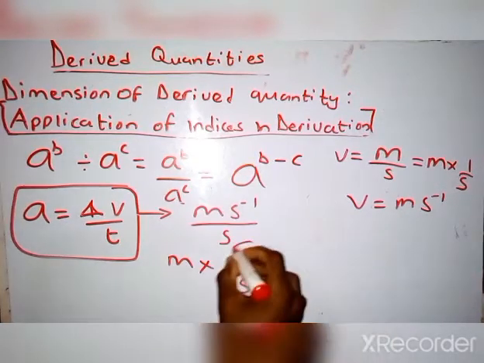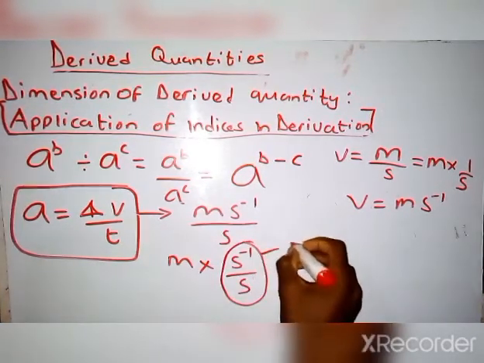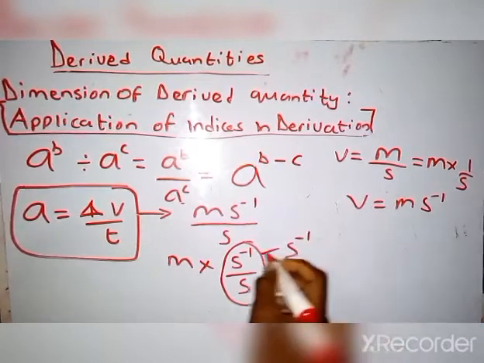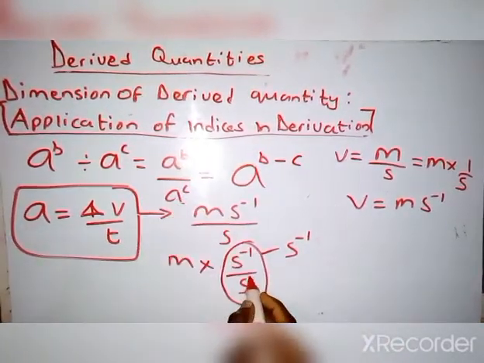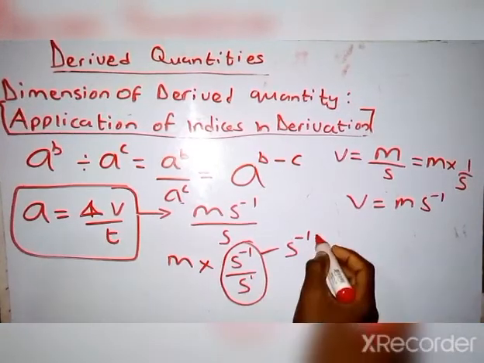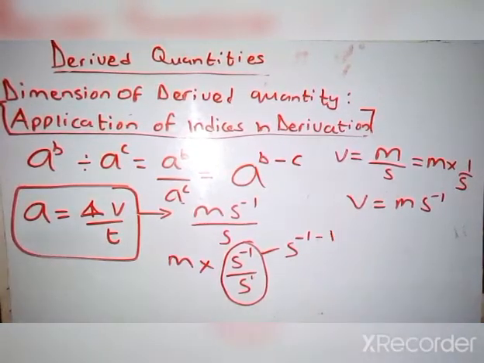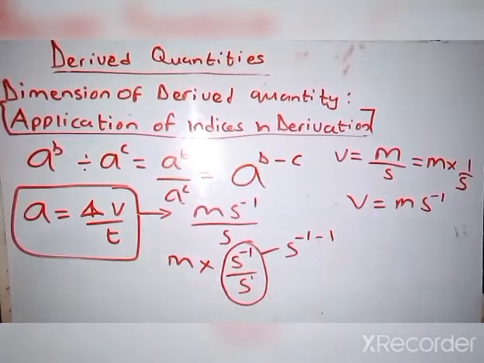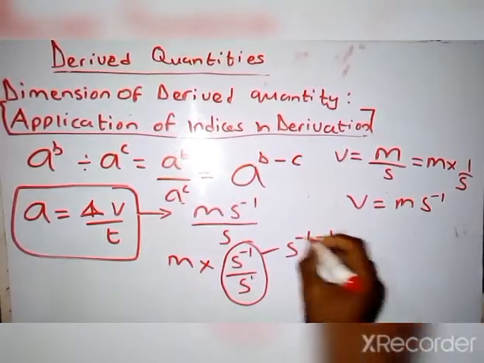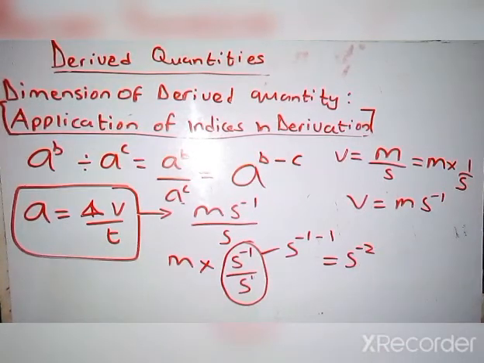We just say this, take it as 1, so minus 1, applying the law. So the numerator will subtract this. The power of s is minus 1 minus 1, which is minus 2. So now meter per second square. So this is the unit of acceleration.